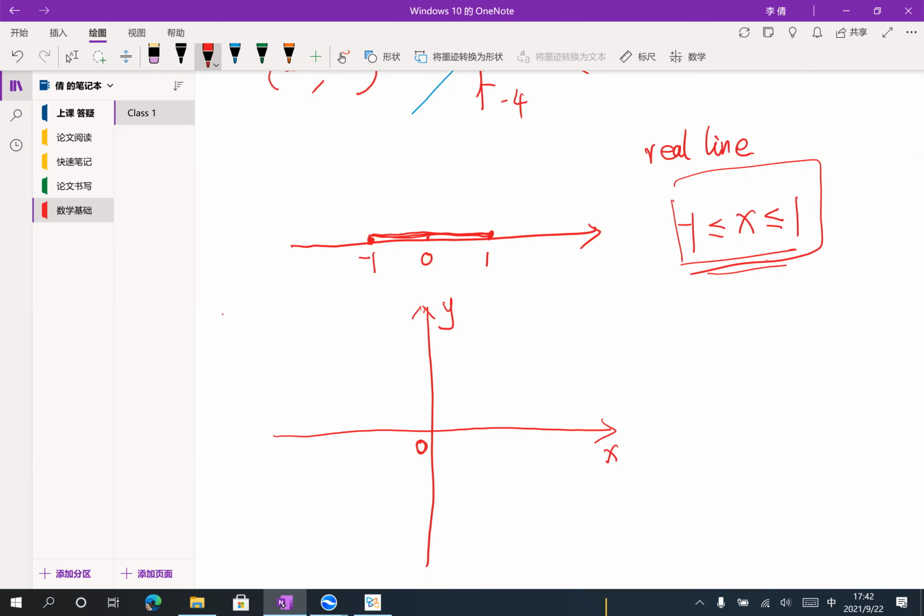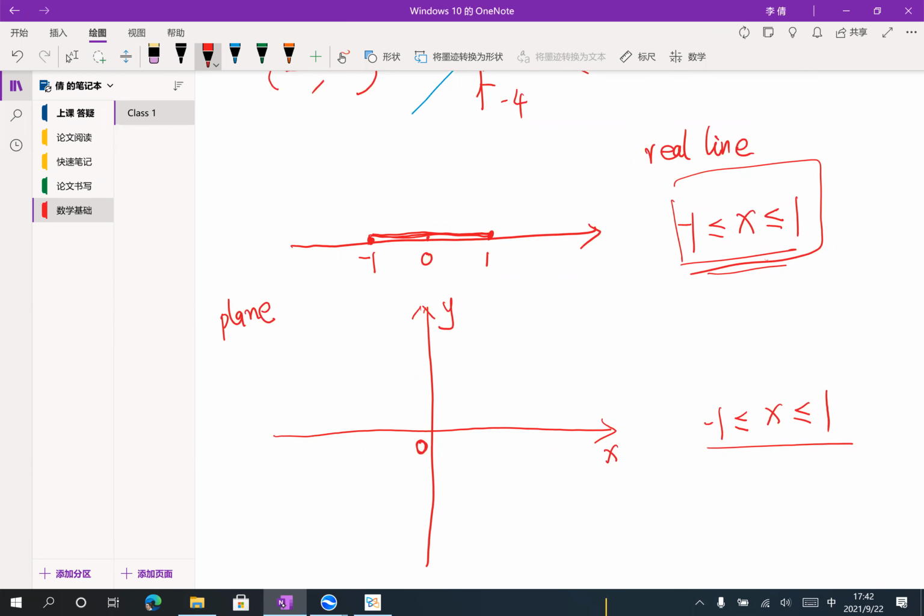And in this plane, we say x is larger than or equal to -1 and smaller than 1. How to present this?